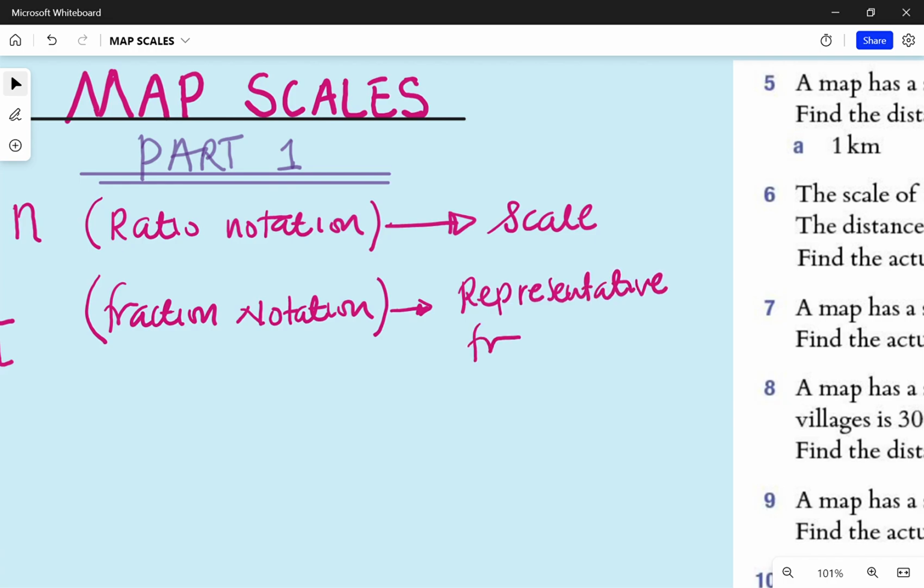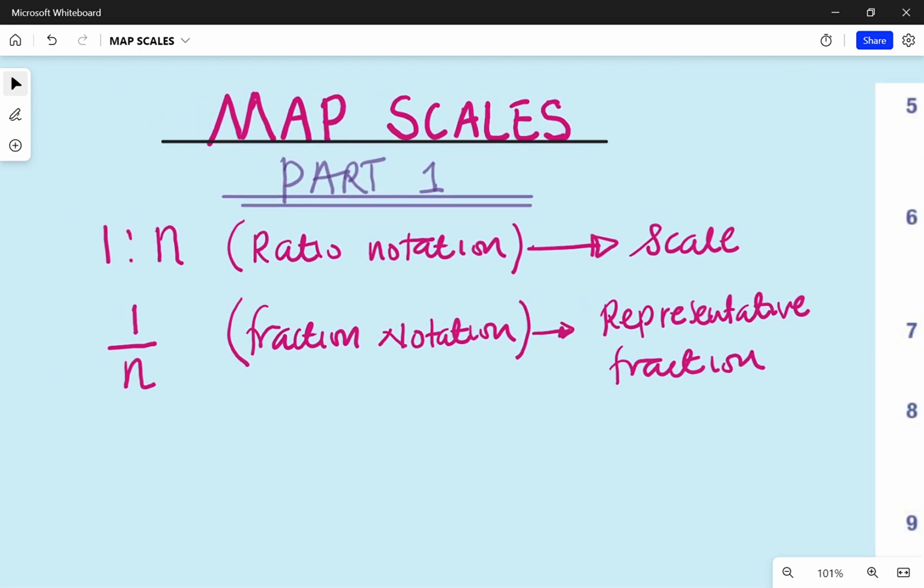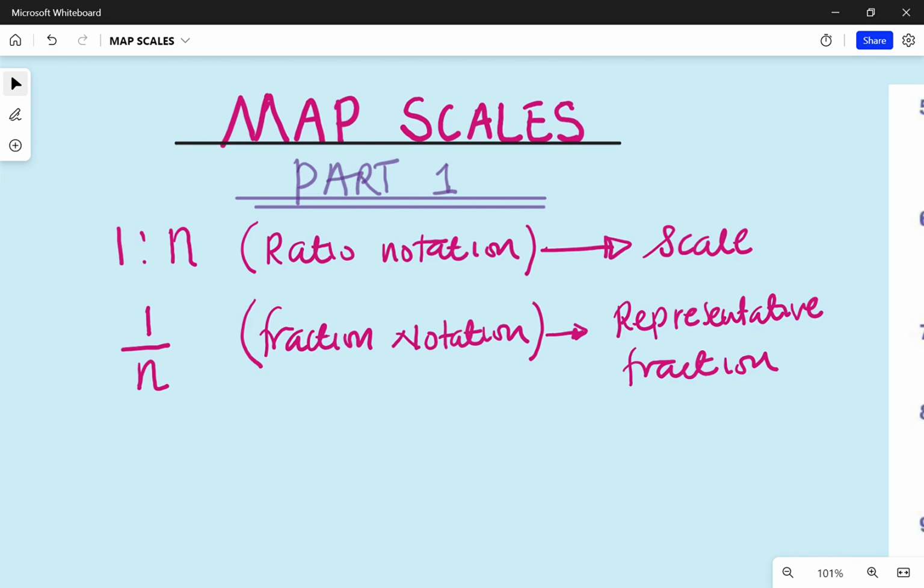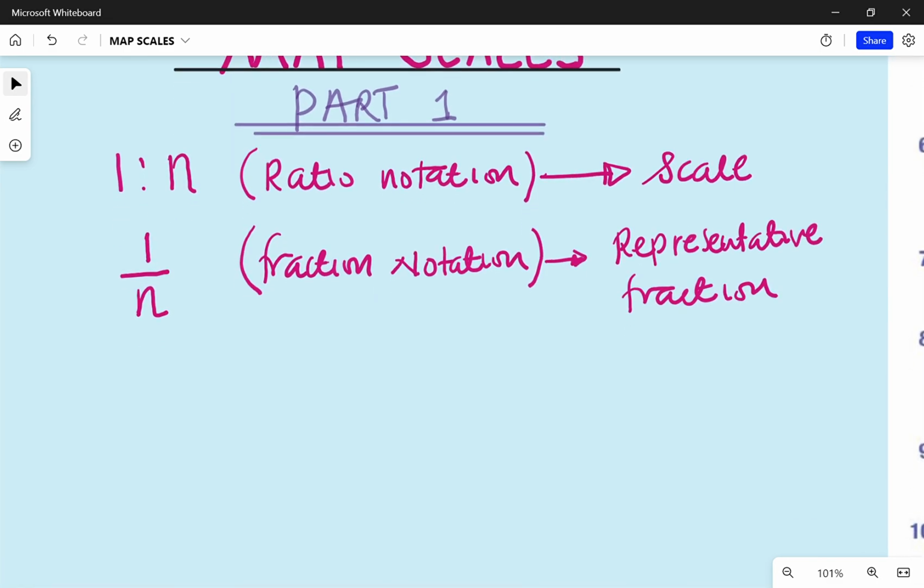But basically, I'm just looking at one and the same thing. It is just the representation which matters. So in ratio notation, I'll call it scale, and in fraction notation, I'll call it representative fraction. Let's go into examples without wasting much of our time.